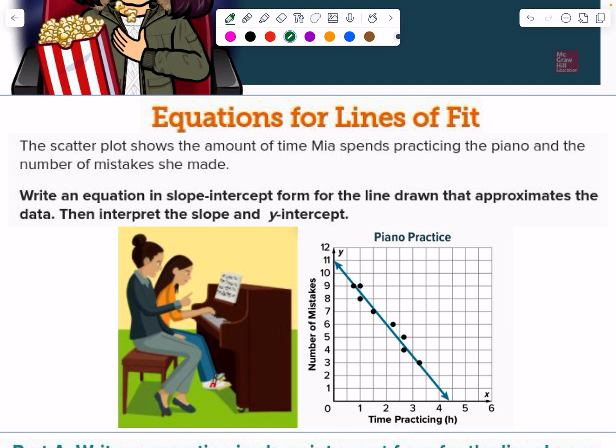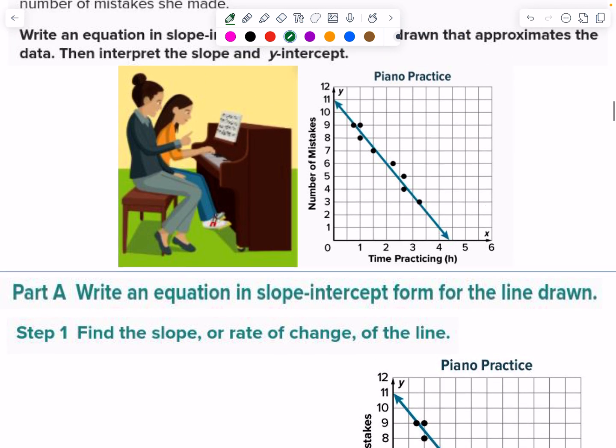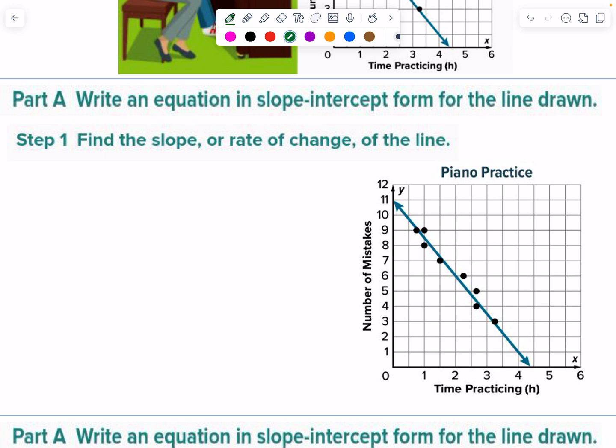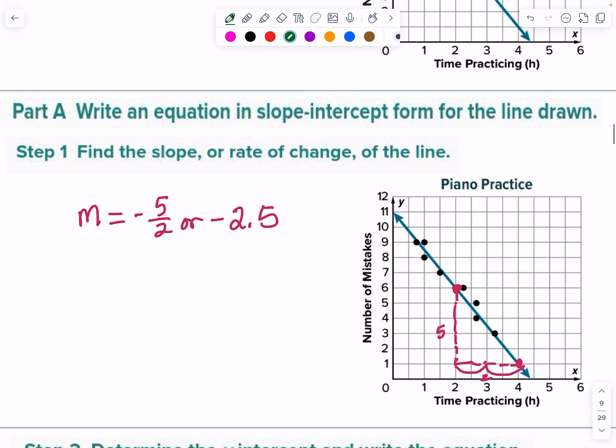Now we don't want to use any of these black dots. We want to use clean intersections on this line. Okay, so they're taking it step by step. So step 1, and again, we just talked about this, find the slope or the rate of change of this line. When you look at what I did here, I went from the clean intersection right here to the clean intersection right here, down 5, so negative 5, and over, but be careful.